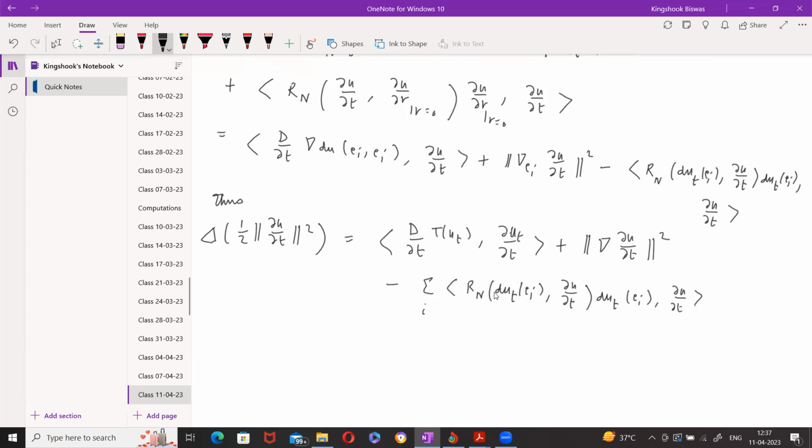So thus d squared dt squared of energy of u_t is the integral over n of minus inner product d del t tau u_t, del u_t del t.